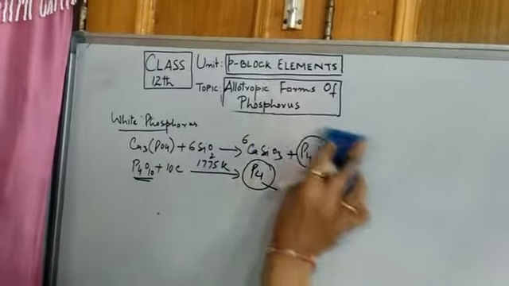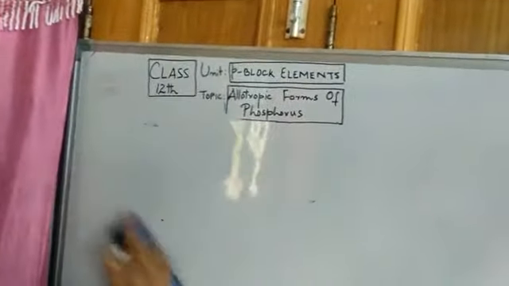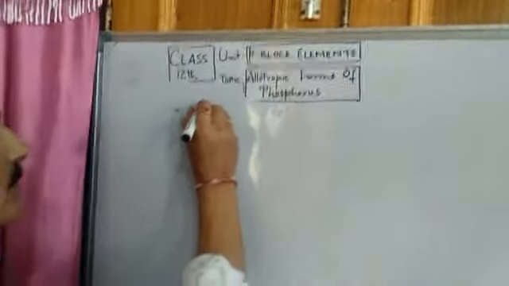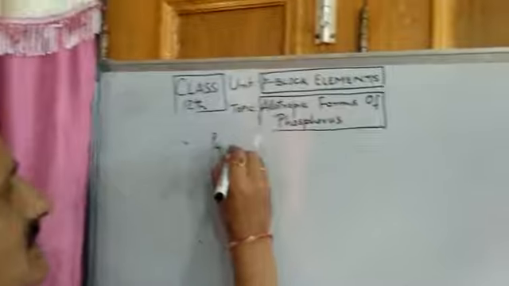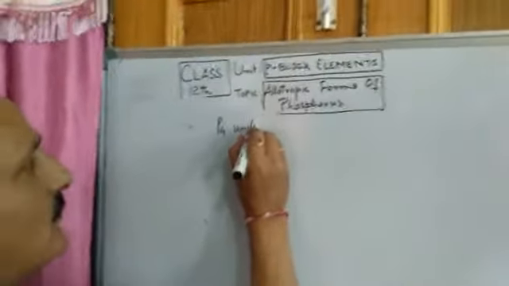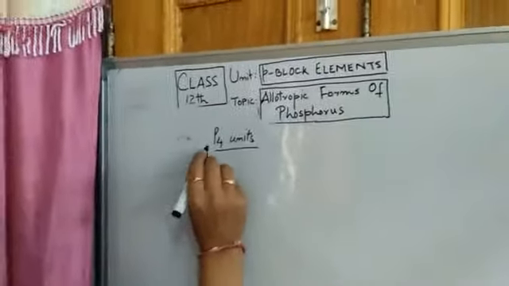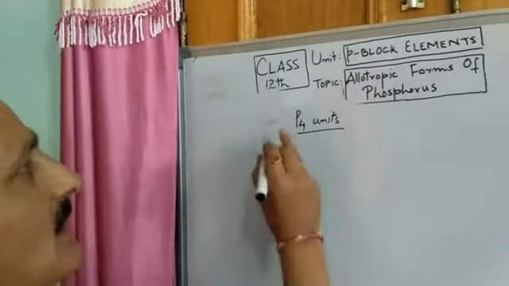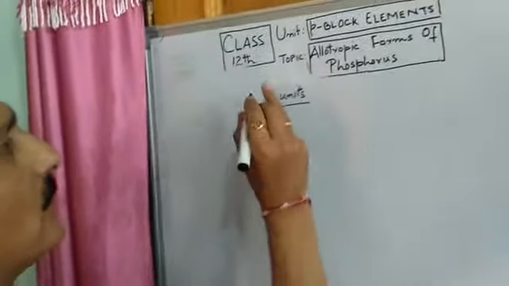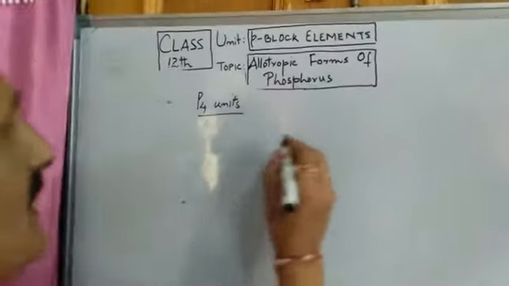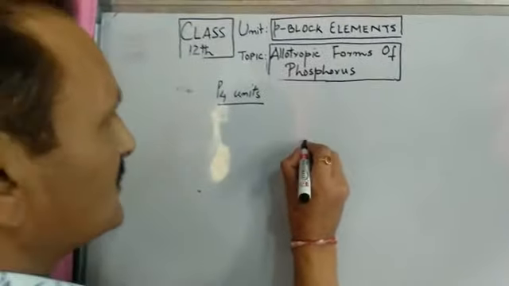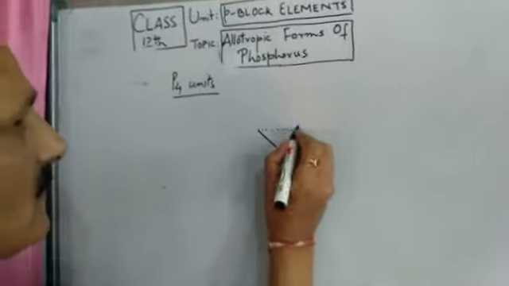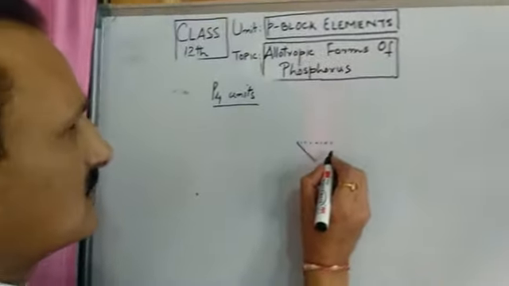Now, as far as its structure is concerned, white phosphorus has P4 units. That is, each unit of white phosphorus has 4 phosphorus atoms, and they are at the 4 corners of a regular tetrahedron like this. Now see, this is the structure of white phosphorus.